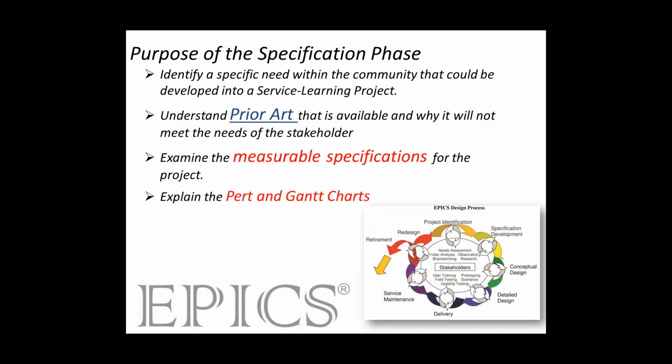So they need to figure out those specifications for the project. They also need to be able to figure out, can it be measurable? What are the specifications and how would they test it and measure it? That's a big part of this phase.